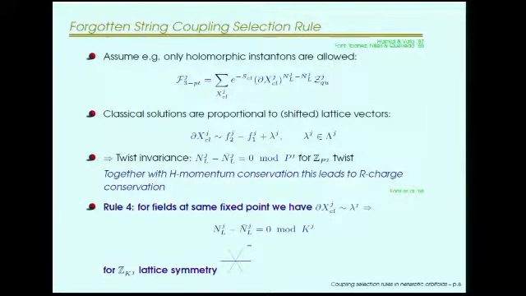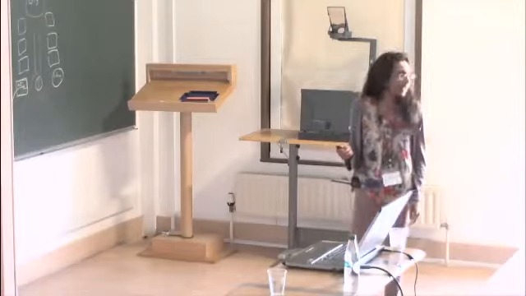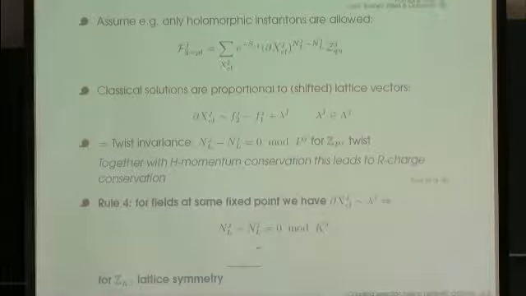The twisted sectors are such that only holomorphic instantons are allowed, and having applied Rule 5, the 3-point function reduces to this simple form where I've suppressed the quantum part. What will be important for us is that we have a sum over the classical solutions, which correspond to worldsheet instantons wrapping the orbifold multiple times.